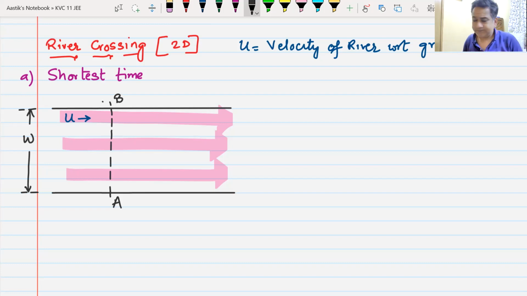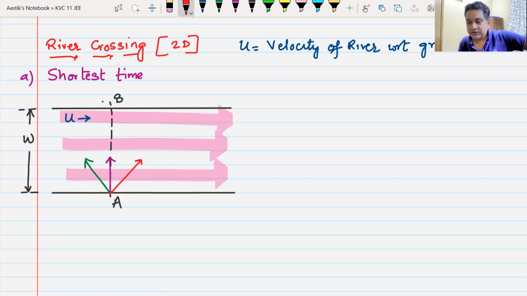He can swim like this along the green direction. He can swim along this direction, the maroon one, or he can swim like this along the red direction.